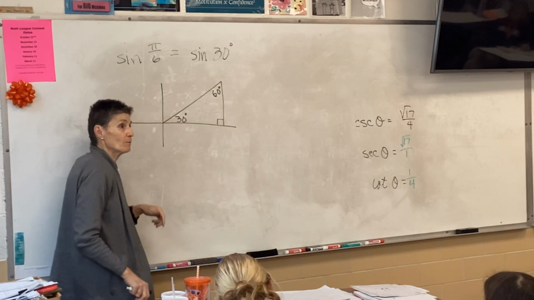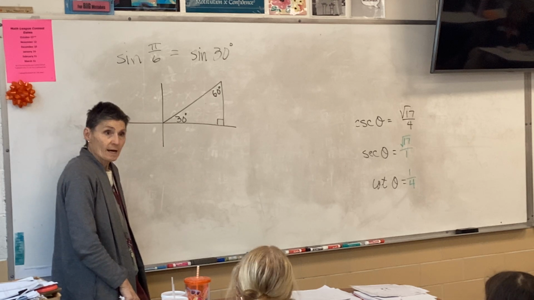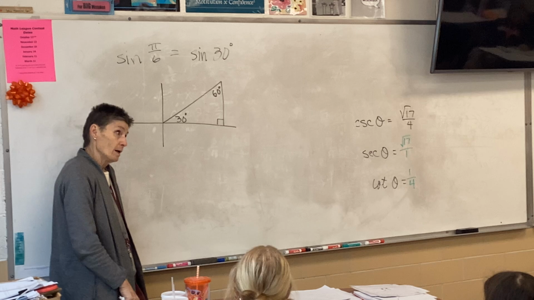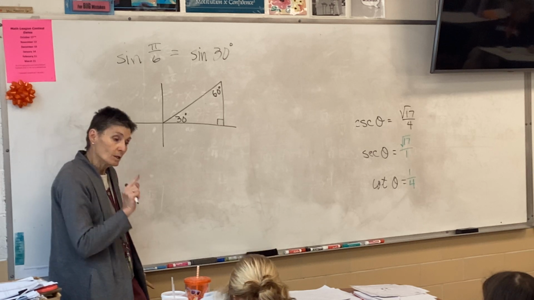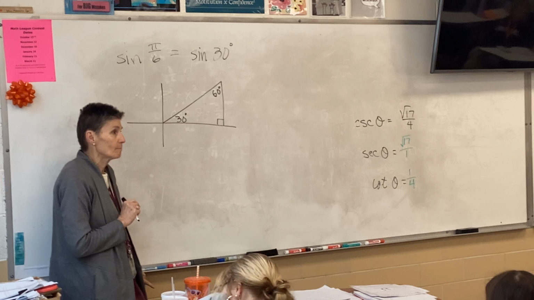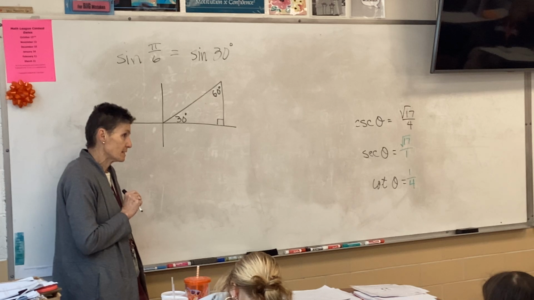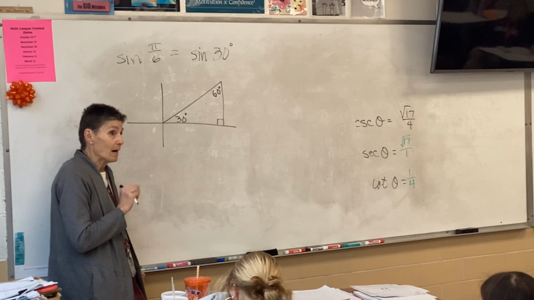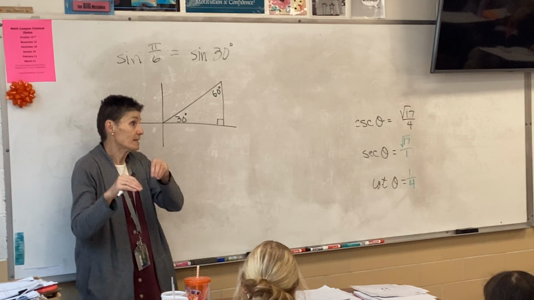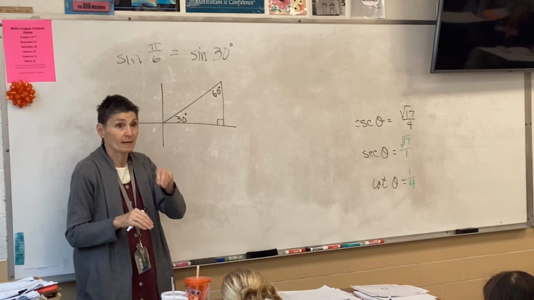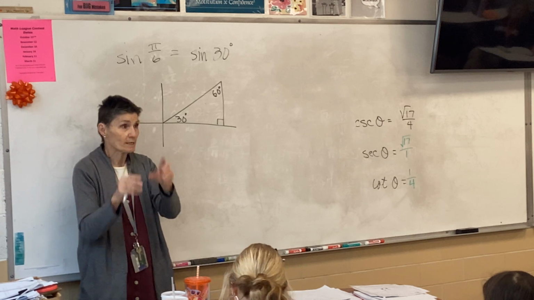Do you remember from geometry talking about 30, 60, 90 triangles? Kids, those are important and you need to remember them. But to help you, look down at the bottom of your orange sheet. You should see a triangle down there that has a 30 and a 60 and a 90 in it. Now, it's not set up exactly like this one, but is it a triangle with a 30 and a 60 and a 90?